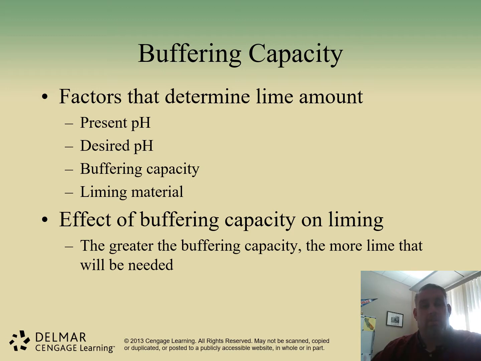So again, we talked about this, and this buffering capacity is the ability of the soil to take the lime. Certain limes require more product to get the same result, and that is considered the buffering capacity of the soil.